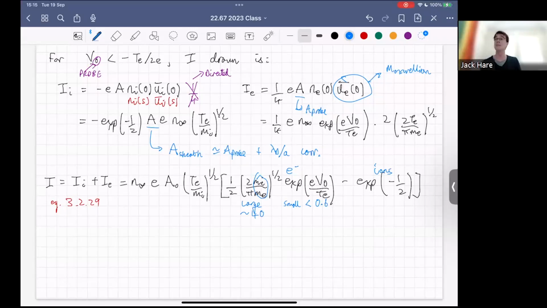And it turns out if you bias the probe very negative, deep into the ion saturation region, the sheath actually continues to grow, and so you continue to gather more and more ion current. That's one of the reasons it's very hard to measure the ion saturation current, because it's not like a flat asymptote, it's just like a slowly growing function.